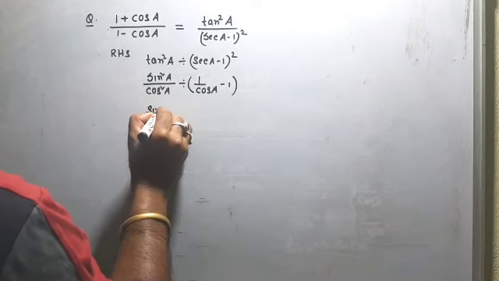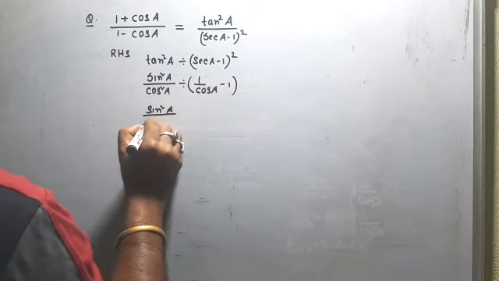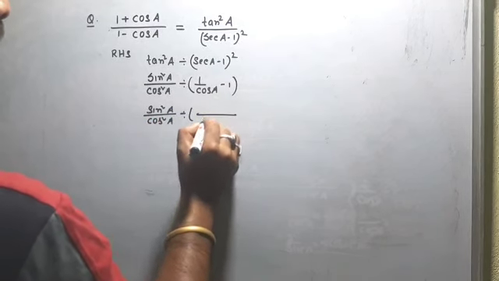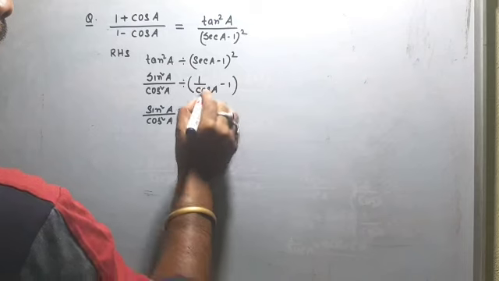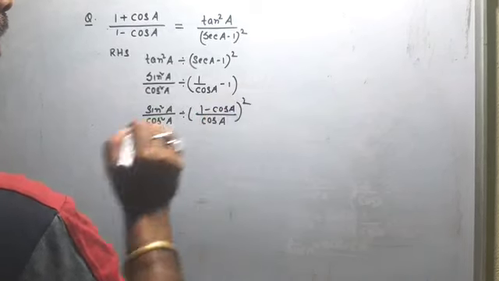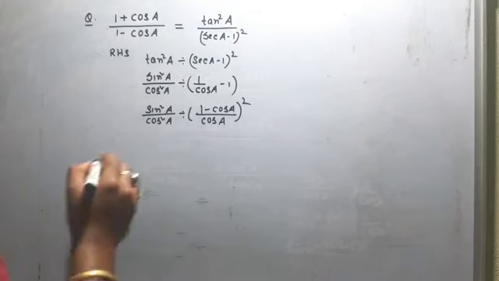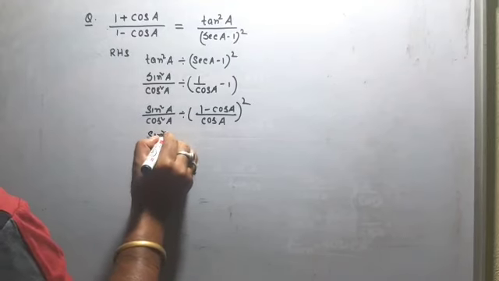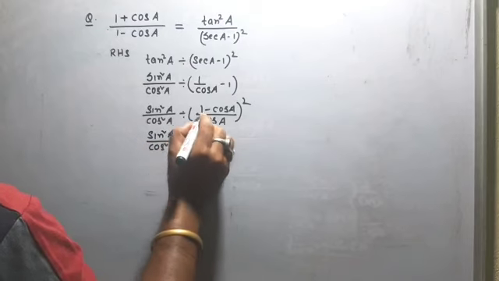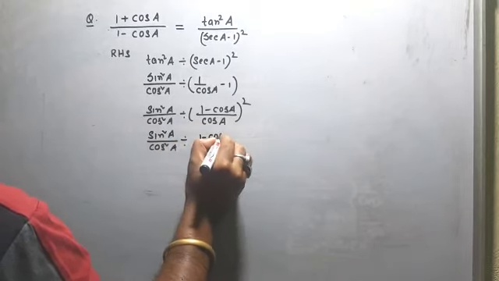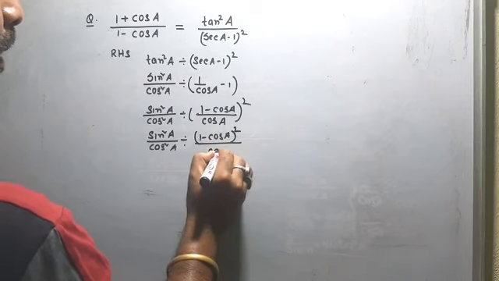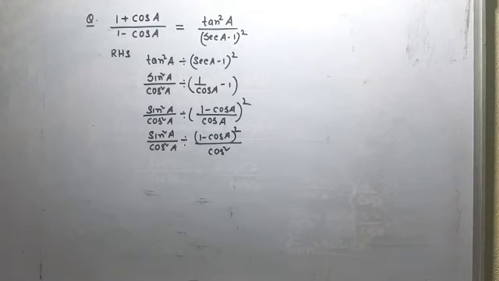So here sin square a by cos square a divide, here is LCM cos a, so 1 minus cos a and whole square. Again you write sin square a by cos square a divide 1 minus cos a by cos a whole square, and this is cos square a, write like this.